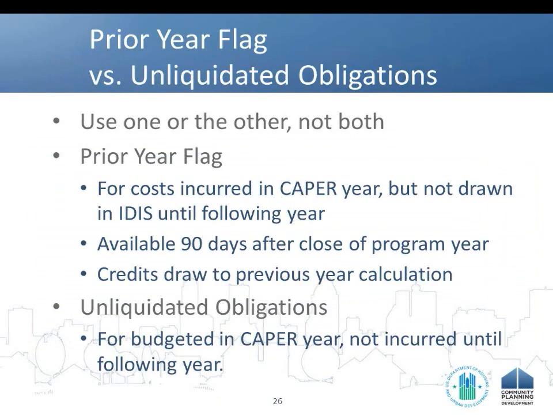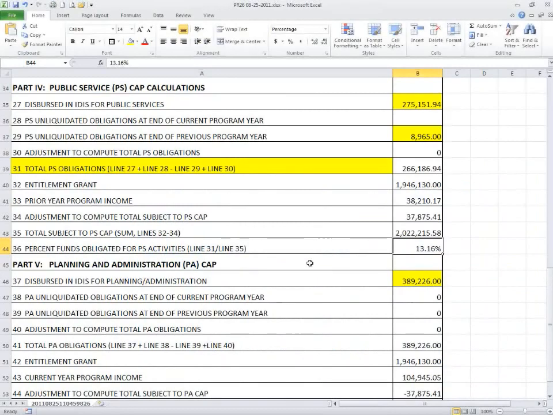So they didn't get their last 2010 invoice into you until 2011, which means you're actually going to do the drawdown in 2011. If you did the drawdown in 2011, when you look at your PR26, it would actually be included in the dispersed for public services on the 2011 report.